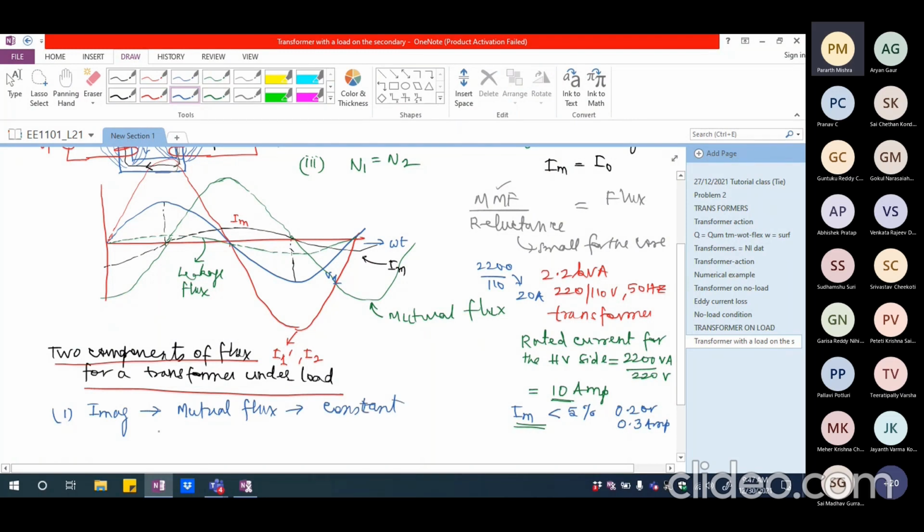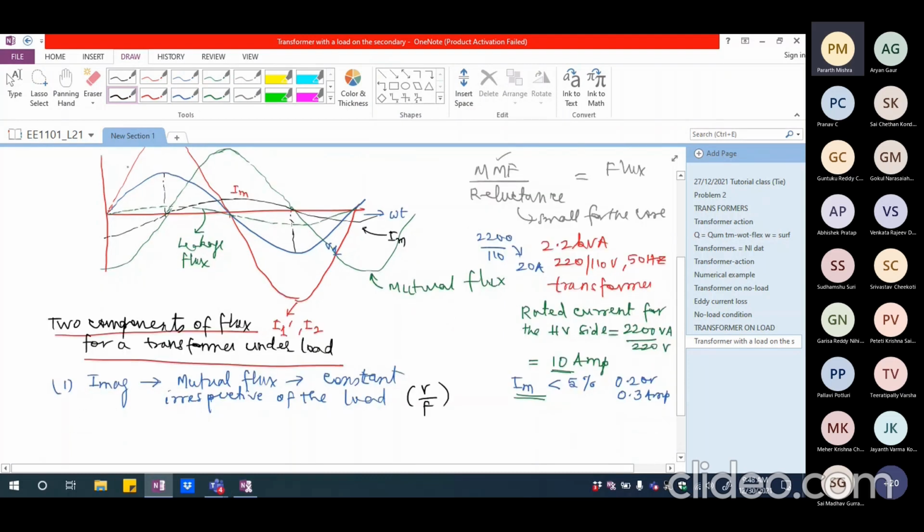So this is going to be a constant irrespective of the load on the transformer. This is essentially going to be depending upon what is the voltage and what is the frequency. V by F, that is going to decide how much is the flux.